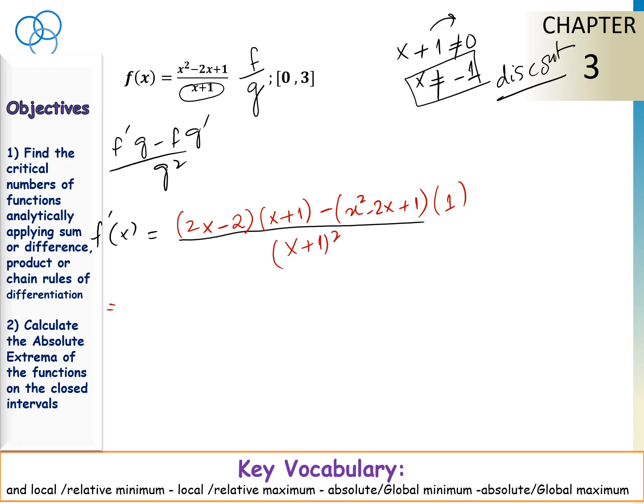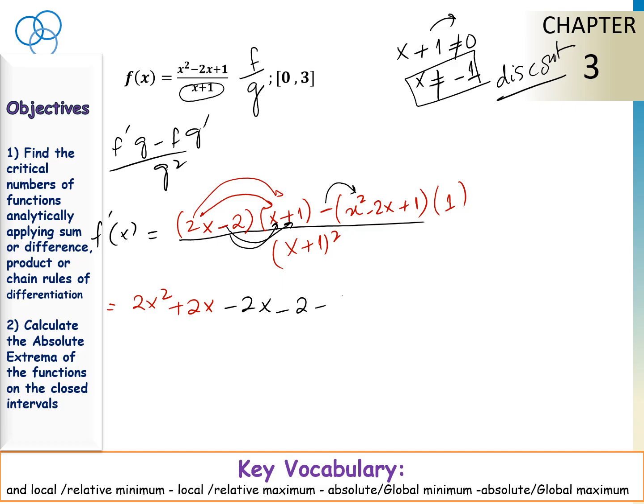Now open the brackets. 2x times x gives us 2x square, plus 2x times 1 gives us 2x, minus 2 times x minus 2x, minus 2 times 1 gives us negative 2. Now multiply the whole equation by minus 1.